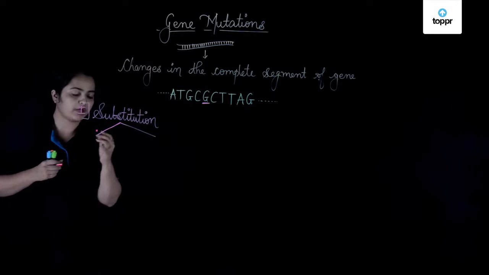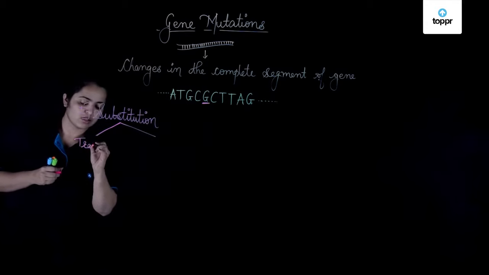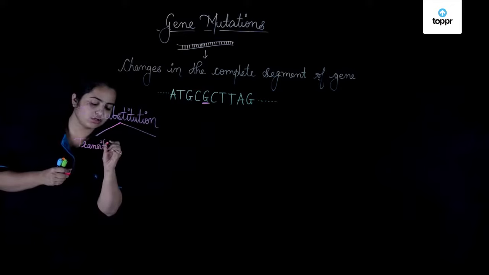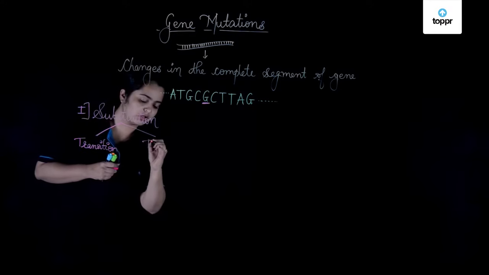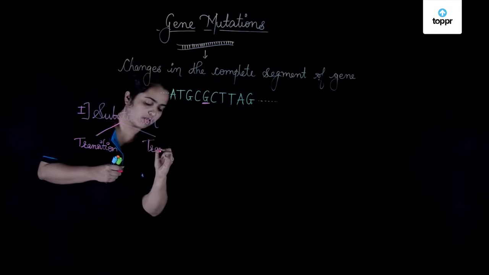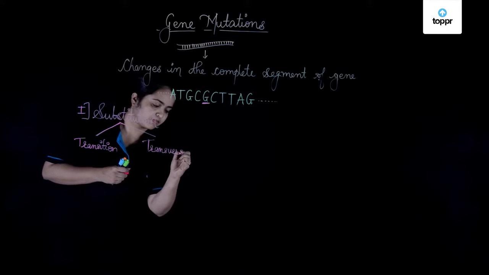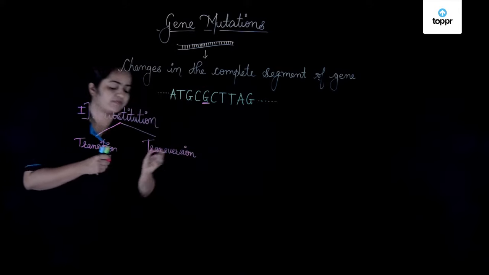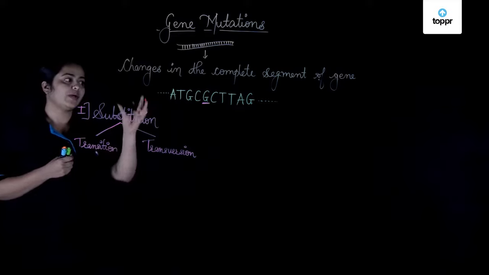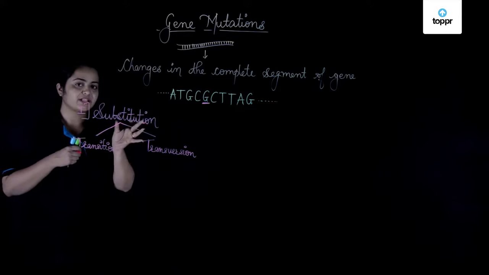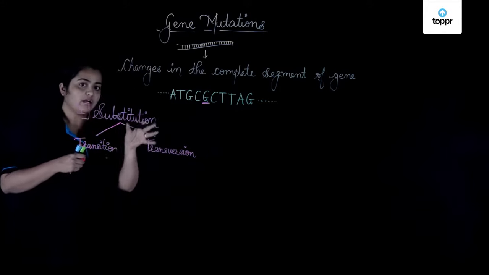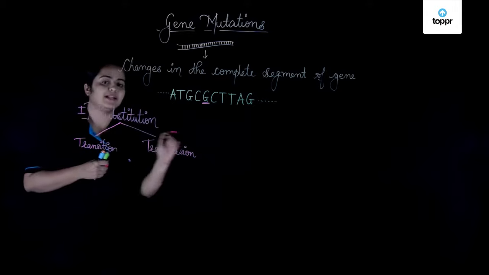Yes, let us talk about the first one, that is transition, and then talk about transversion. Transition will be where my purine is replaced with another purine or pyrimidine changing to another pyrimidine.